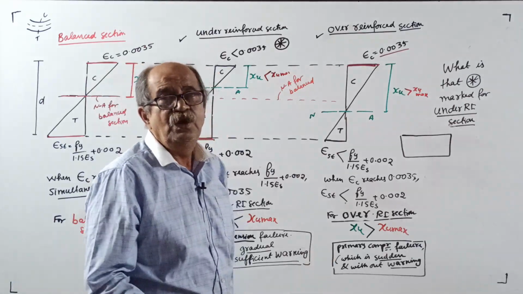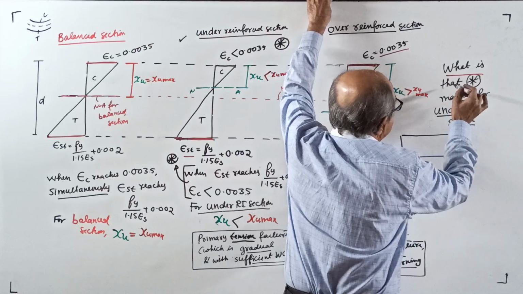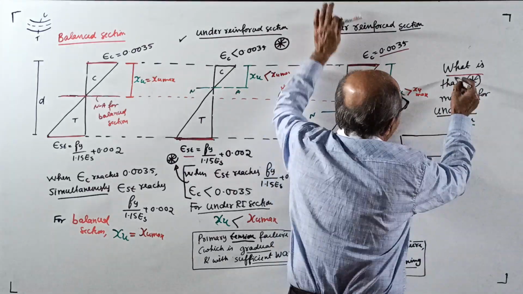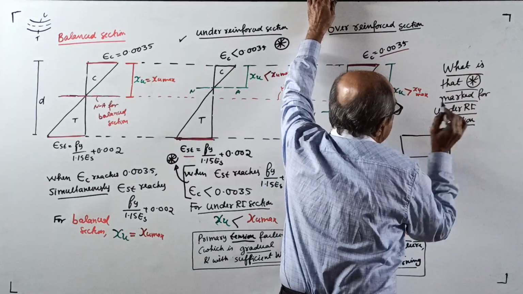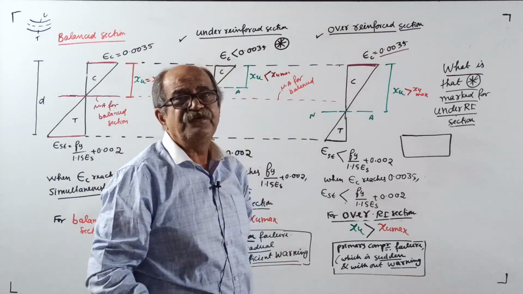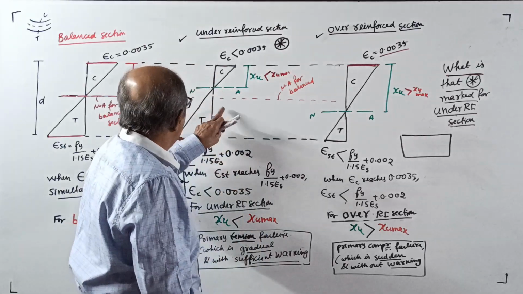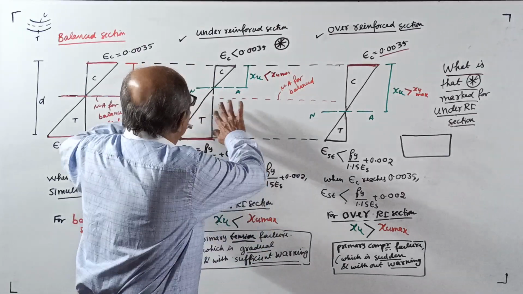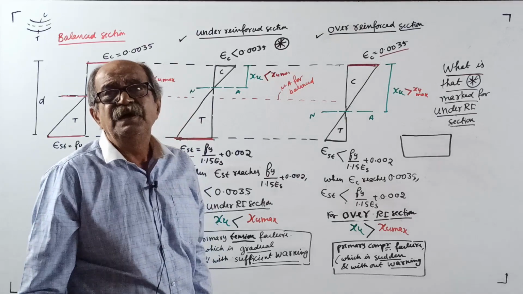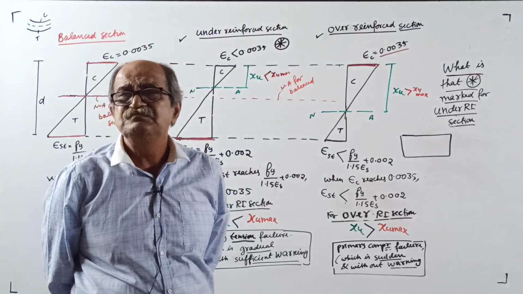Now, very, very important. What is that star marked for under reinforced section? I will discuss that one now. But remember, I will ask one more question. As I go further, when I remove this from the board, I am going to tell some argument or principle.